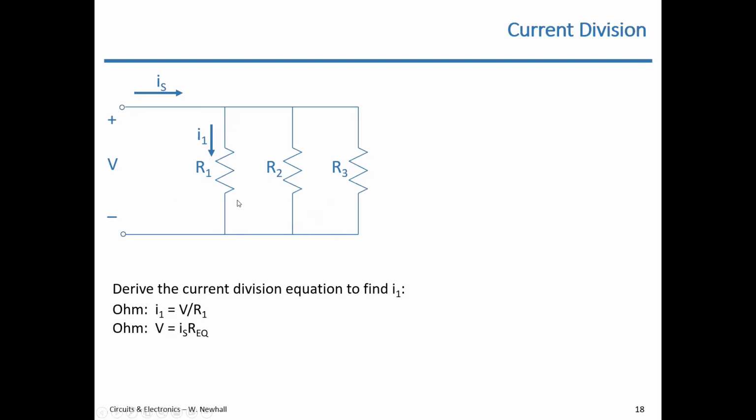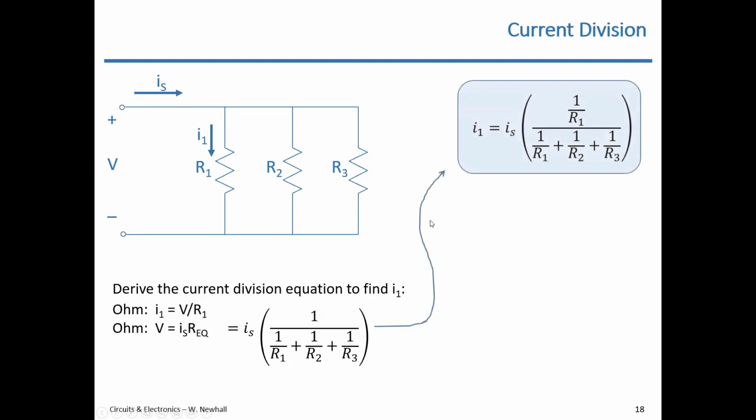So if I had the equivalent resistance, R1, R2, R3 combined into REQ, and I have V across that one REQ resistor, then V equals IR, V equals IS times REQ. And here's REQ: 1 over the sum of the reciprocals of the parallel resistors. Then I can combine these two equations, and I get this.